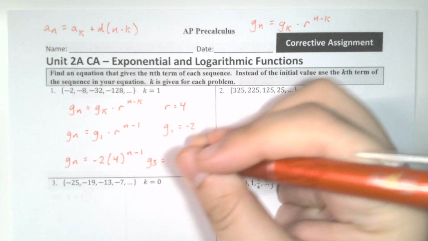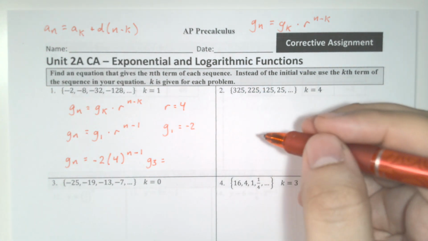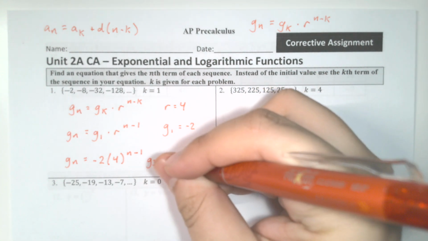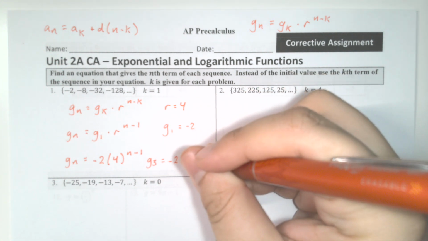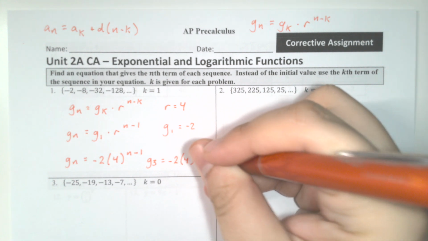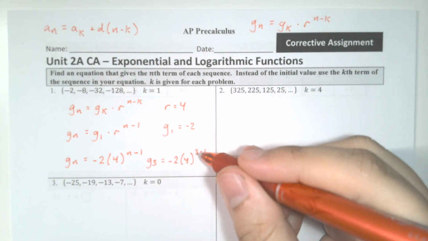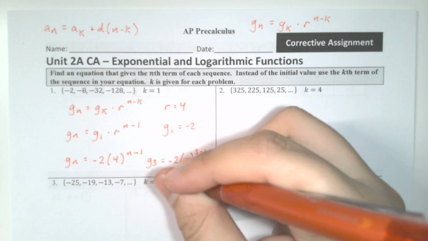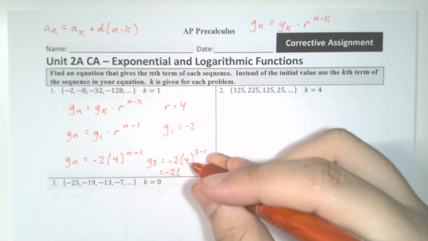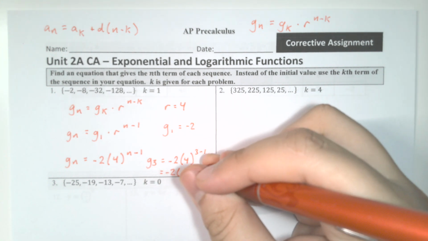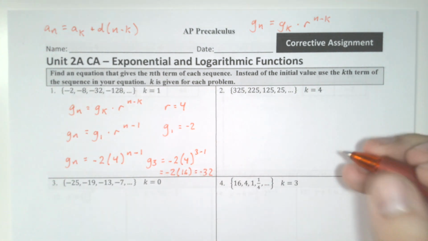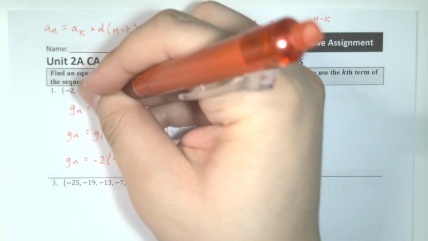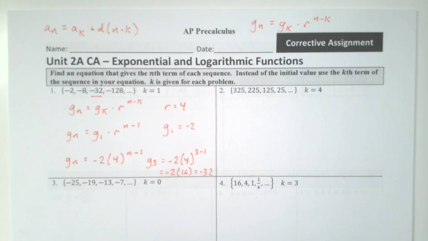You'll see we're not being asked to find a specific term in any of this, but just to really hammer that idea down, if I replace n with 3 in this, then this is going to be -2 times 4 to the second power. And so 4 squared is 16. And we see that that's -32, which corresponds to our third term. So we know that this formula is correct.